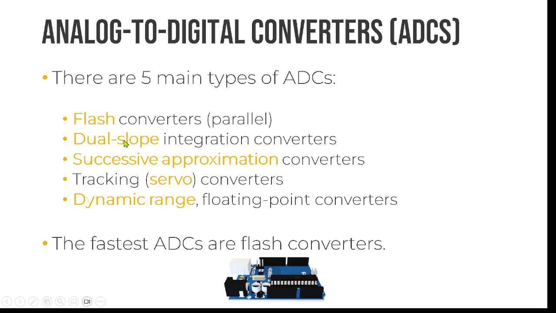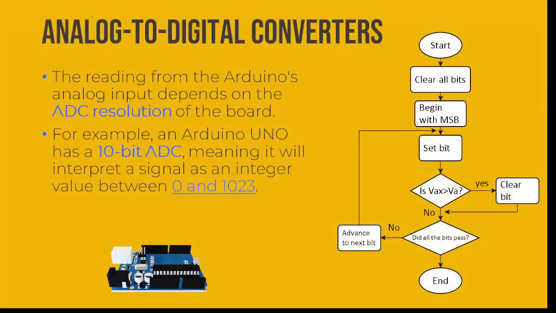There is not in our Arduino, but you can buy one. They are slow. Is this dual slope? That's the name. It's called like that, dual slope. It's also called RC ADC because it uses charging and discharging of a capacitor, right? Okay, now this is the one for the Arduino, successive approximation.